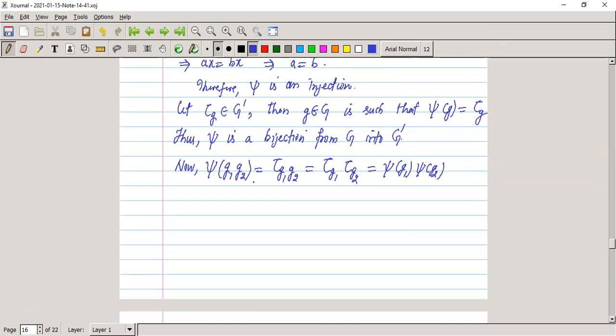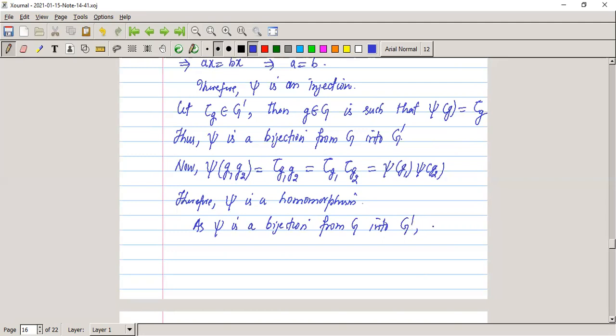So therefore psi is a homomorphism. Now since we have already seen that psi is a bijection, and being a homomorphism, psi is an isomorphism.